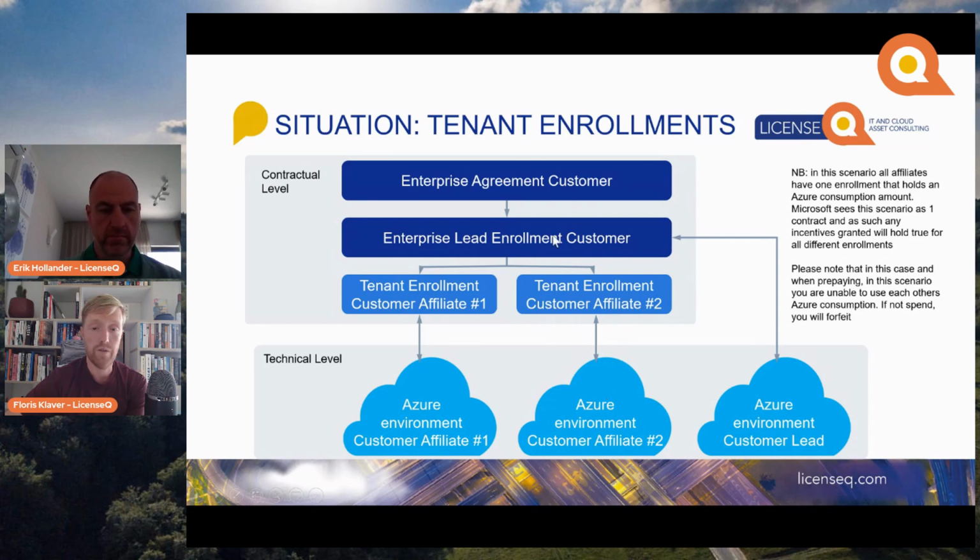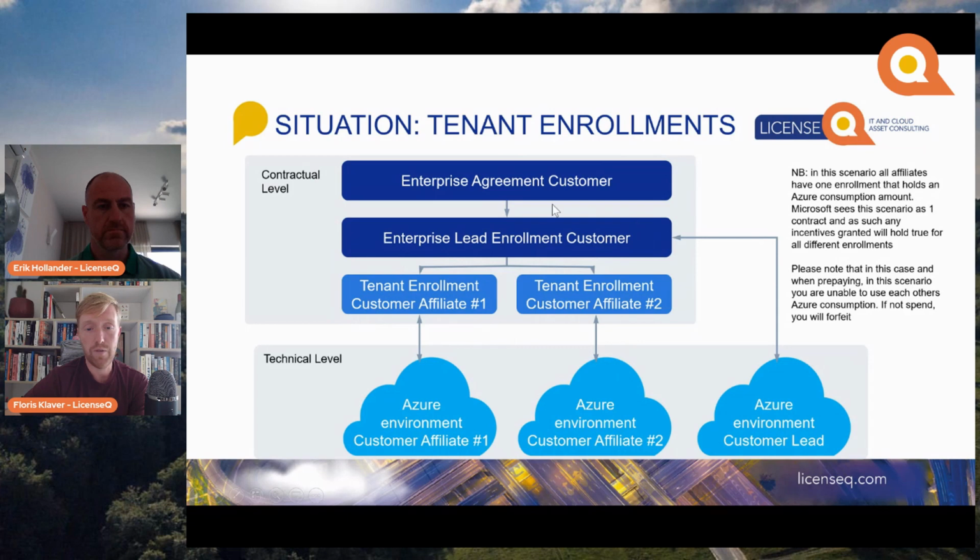So in this sense, you have one main enrollment and two customer affiliate enrollments, meaning you have three enrollments where billing might be able to happen. As such, you can link any of three environments to those different enrollments. In this sense, Microsoft will see it as one contract as well, because any incentive that is granted to a lead enrollment will automatically flow through to a tenant enrollment as well.